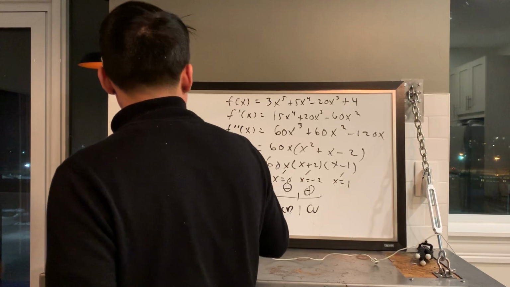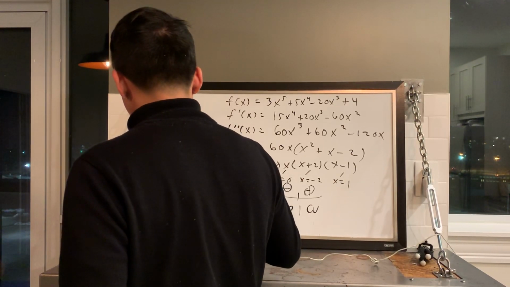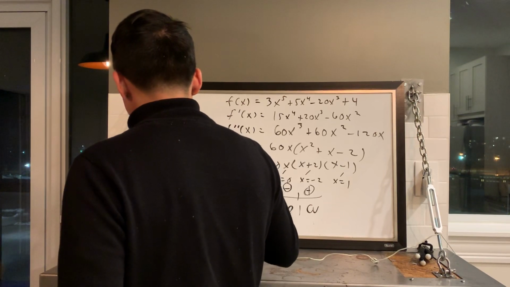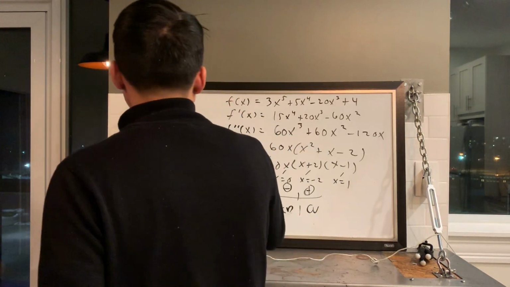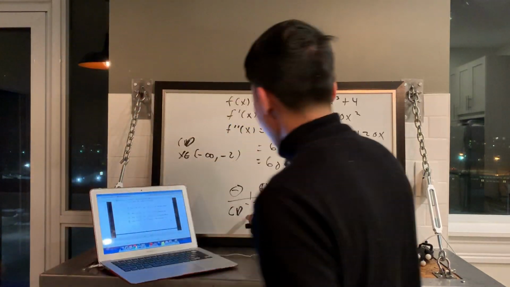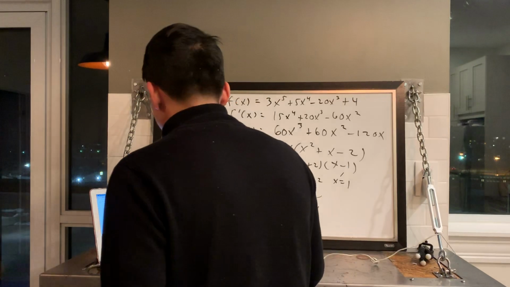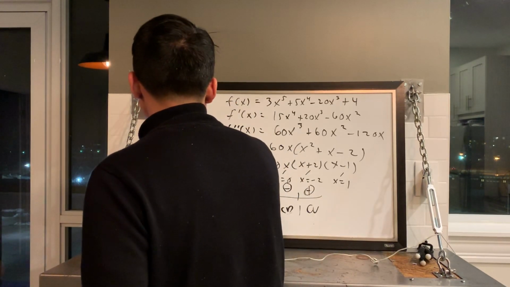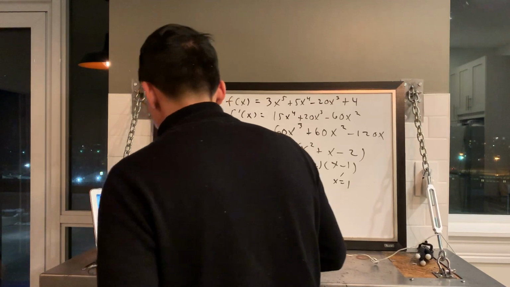So indeed, x in the interval -infinity and -2. No, that's concave down. Concave down, pardon me. Concave down from x in -infinity to -2. I'm also concave down for x in 0 and 1.